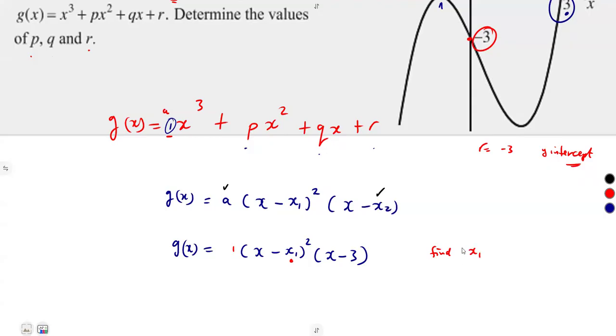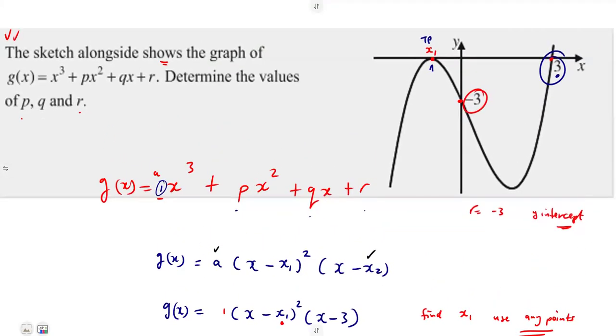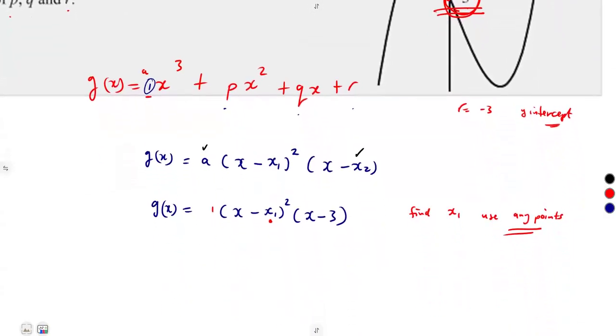In order to find this x1, you are going to need any point on the graph besides the roots. Use any point besides the x-intercepts. There is a point given here, the y-intercept. It's not the x-intercept, it's the y-intercept, so use that. We are given the point (0, minus 3). Using that point, we have the x value and the y value.